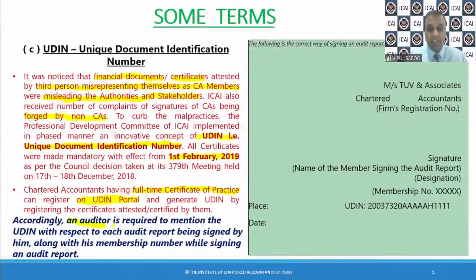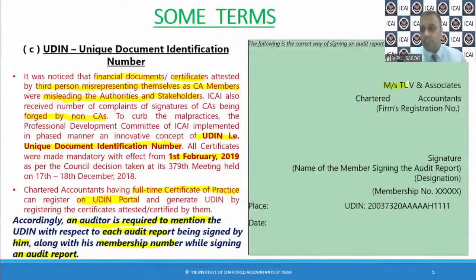An auditor is required to mention the UDIN with respect to each audit report being signed by him, along with his membership number. So this is a number which you have to generate from the UDIN portal as a chartered accountant, and you have to write it on the certificate or the audit report you are issuing to prove its genuineness. You can see on the right side of your screen a certificate or an audit report, whatever it is.